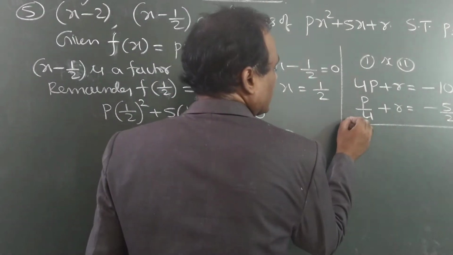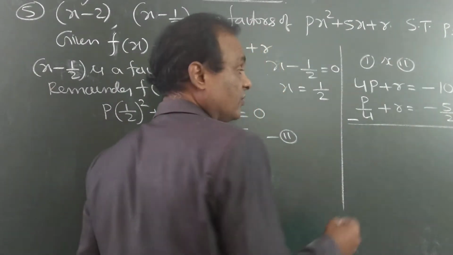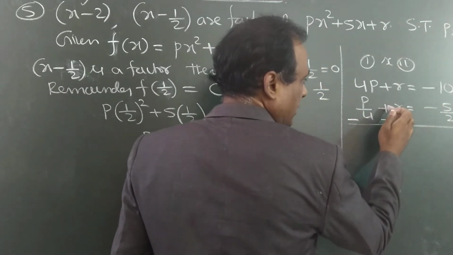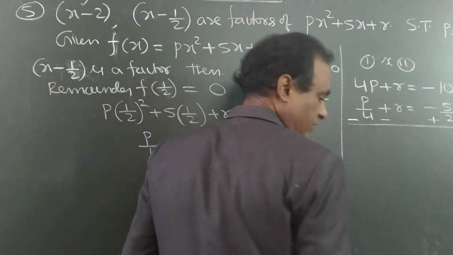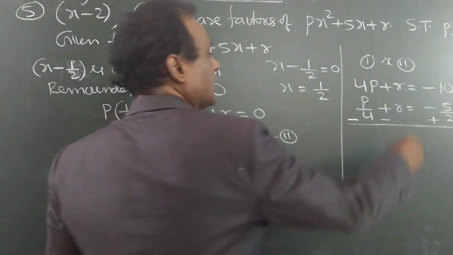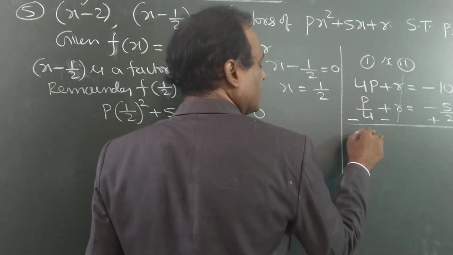Solving means I am subtracting the second equation, so the signs will change: plus will become minus, minus will become plus. I am subtracting the second equation from the first equation so that r minus r cancels.